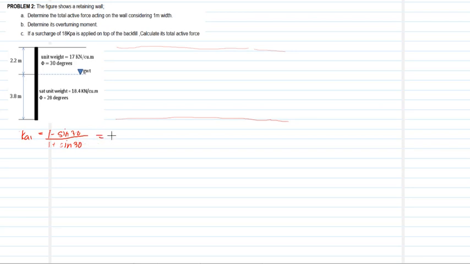So, this is equal to 0.333. And then, yung ating KA2, this is just below our groundwater. That is equal to 1 minus sine of 28 over 1 plus sine of 28. So, that is equal to 0.36. Okay? So, sa pressure diagram natin, solve natin yung ating mga pressure.